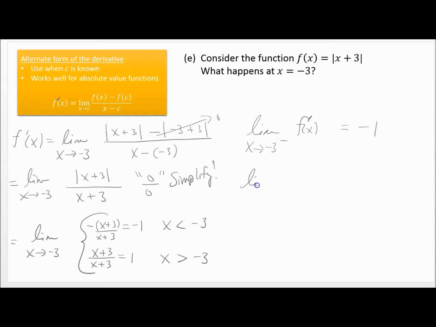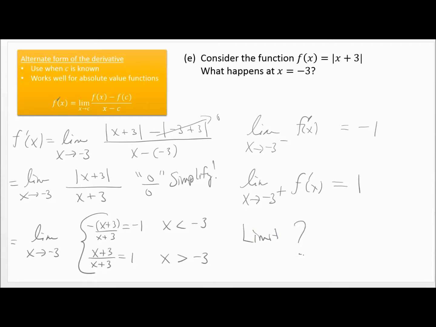If we take the limit as x goes to -3 from the right, it's not really f prime of x either, is it, y'all? Because that's the answer I'm trying to find. But that would still be true. I don't want to say that's wrong. And we go from the right, that's the bottom expression, because the right of -3 is bigger than -3. My answer is +1.